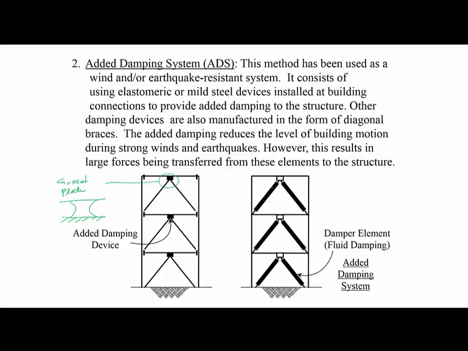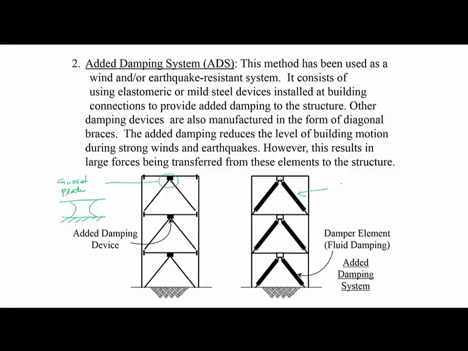The other option is to put in viscous fluid dampers that have oil in them, and they provide reduction of the earthquake forces within the braces. Instead of putting in braces, we are putting in large shock absorbers.